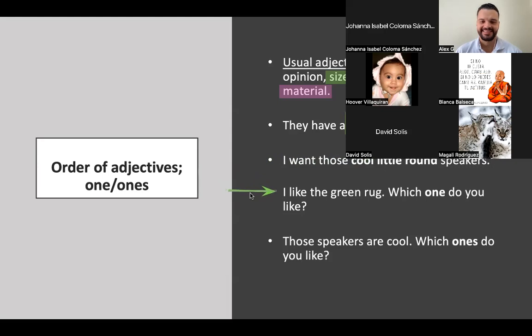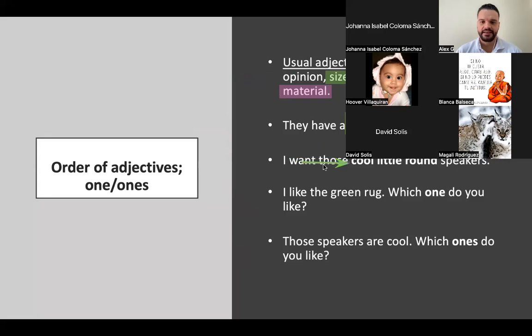I like the green rock. Which one do you like? Excellent. And the last one, Hoover. Those speakers are cool. Which ones do you like? Excellent, guys. So make sure that you're always following the correct order for adjectives, okay?